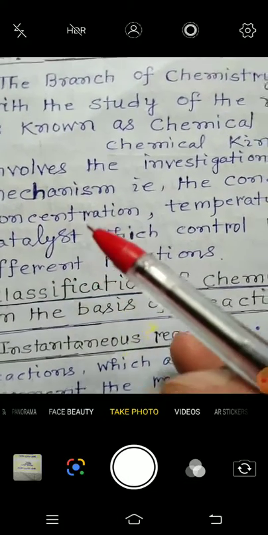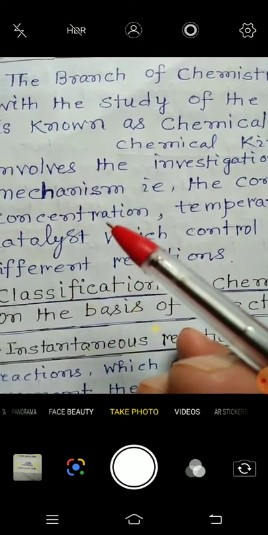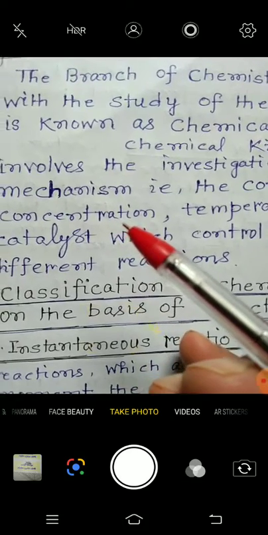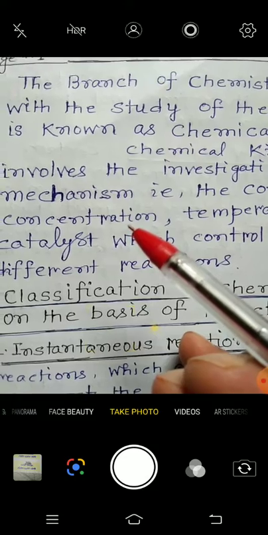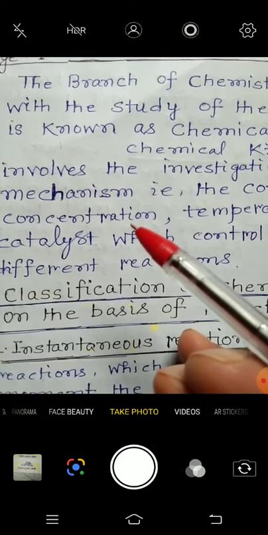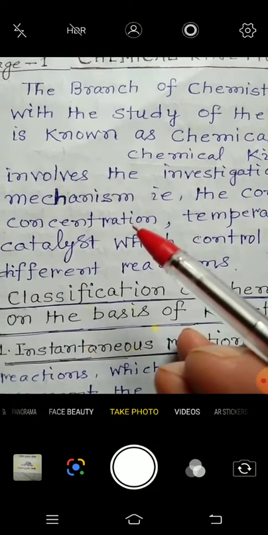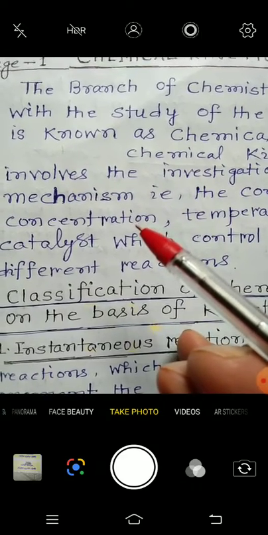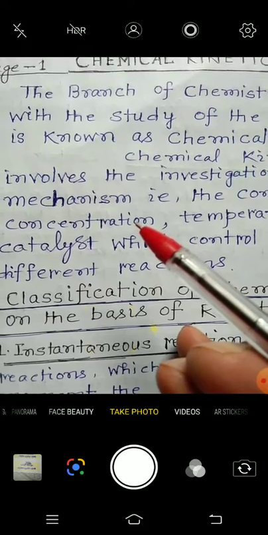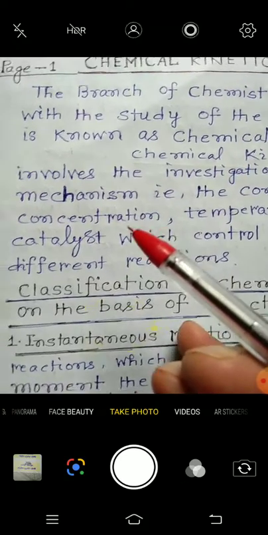So this means in the chapter of chemical kinetics, we study about the rate of chemical reaction as well as the conditions on which the rate of reaction depends, and also the mechanism of the chemical reaction, that how does it take place, in how many steps it takes place.